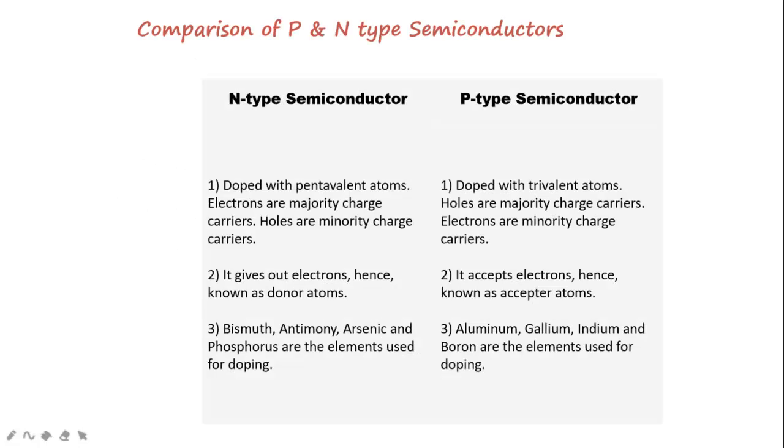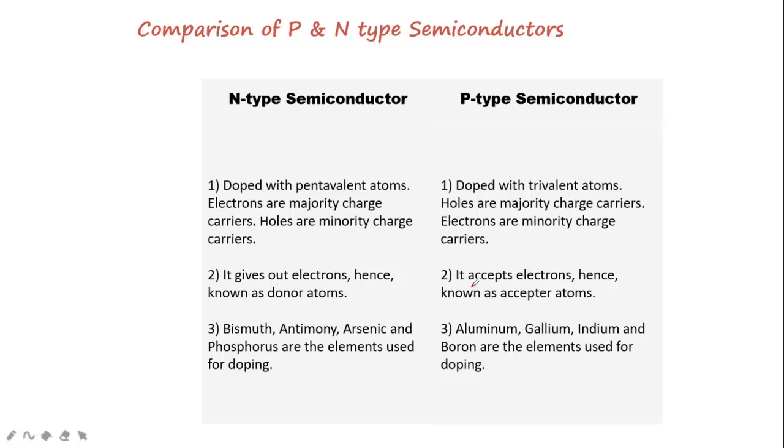Moving ahead, this is the comparison between p and n-type semiconductors. The first one: n-type semiconductor is doped with pentavalent atoms. Electrons are majority charge carriers and holes are minority charge carriers, because the number of electrons is higher. P-type semiconductor is doped with trivalent atoms. Holes are majority charge carriers and electrons are minority charge carriers. The second one: n-type gives out electrons, hence known as donor atoms.